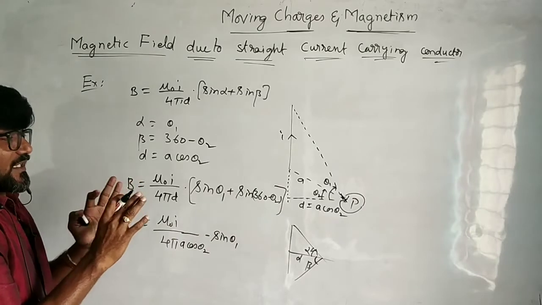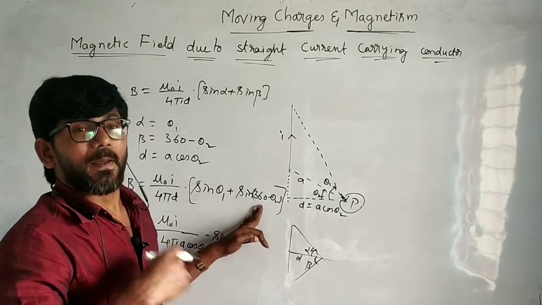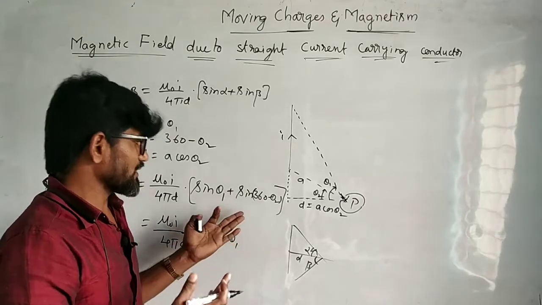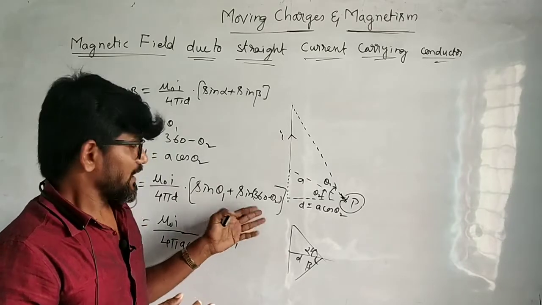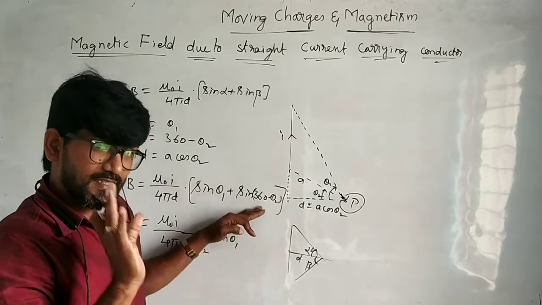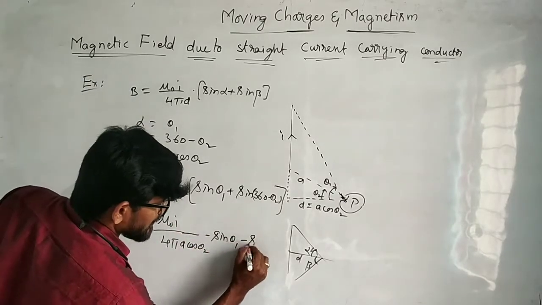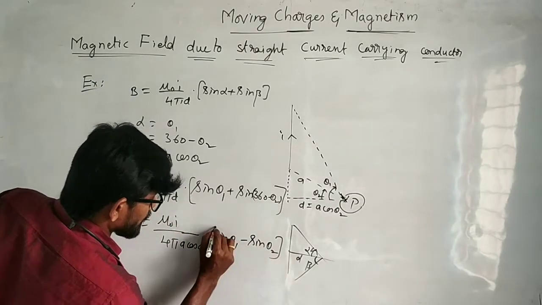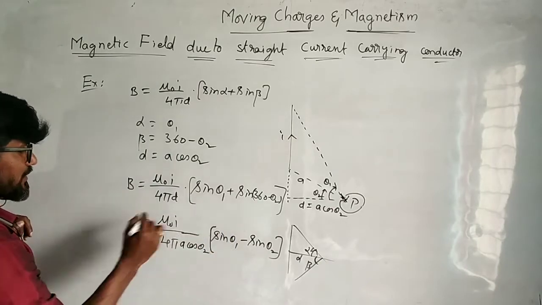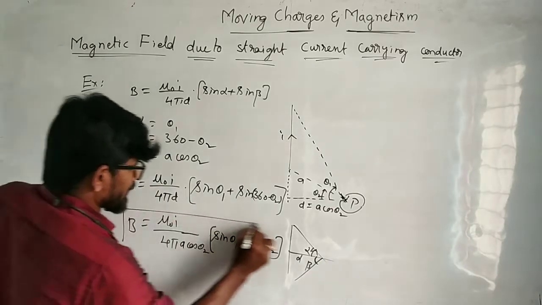Sin 360 plus theta is sin theta, but sin 360 minus theta is minus sin theta. So it is minus sin theta 2. This you can use as a generalized relation in this kind of cases.